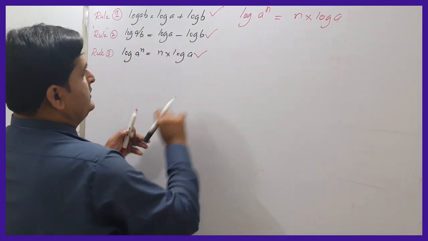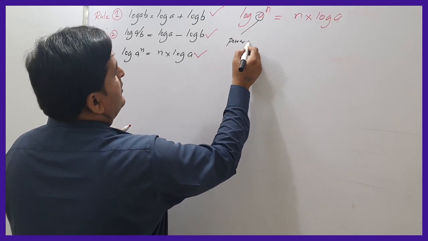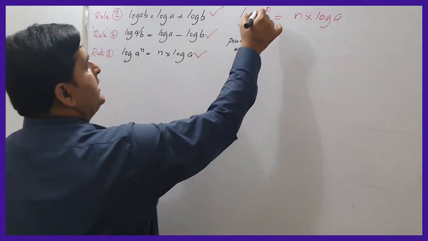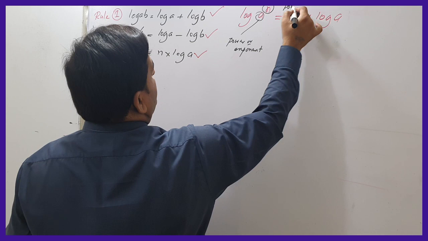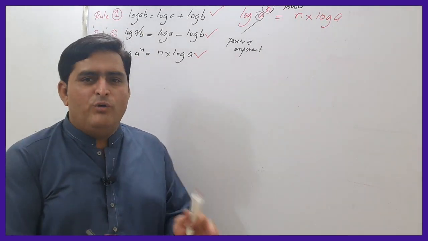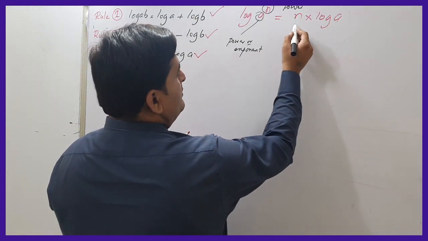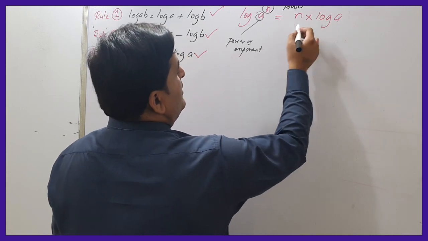Now we know that log is itself a power or exponent, and n is a whole power. In mathematics we know that the power and whole power are multiplied. So this is a whole power and the logarithm itself is a power, so they are multiplied.